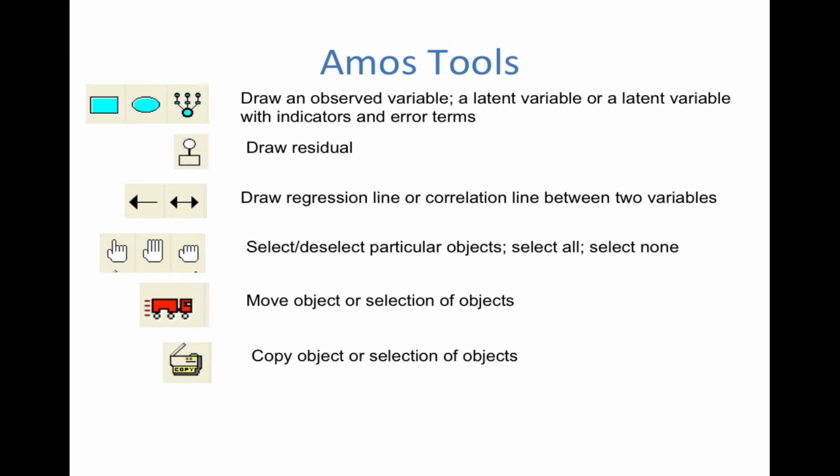You can also do directed arrows and correlations. It's a bit like old school Qt. When it comes to moving objects, there's a truck. If you want to copy objects, there's a photocopier object, and you press that. You get used to it, and part of the skill of Amos is just learning the tricks to draw diagrams quickly and efficiently.